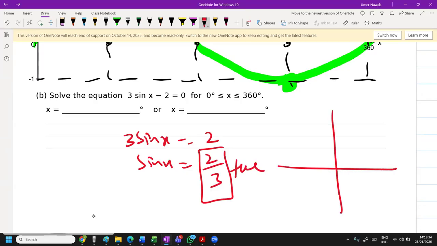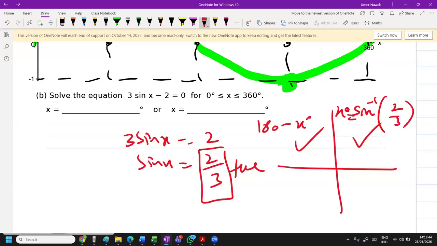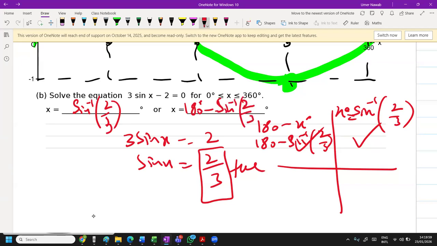Sine is positive in the first quadrant and the second quadrant. So this is inverse sine of 2 over 3. This is my x. And 180 minus x, which is 180 minus inverse sine of 2 over 3. Let me write my answer, inverse sine of 2 over 3. And this is 180 minus inverse sine of 2 over 3.